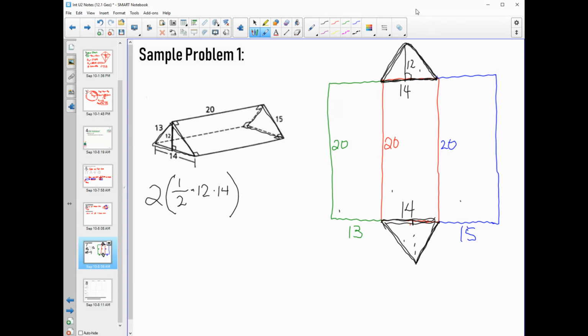Now I could think of this as 3 rectangles, or could we look at this as one big rectangle? So if I looked at this as one big rectangle, we would have a height of 20 and a base length of 42.